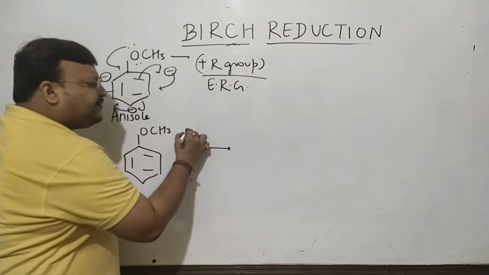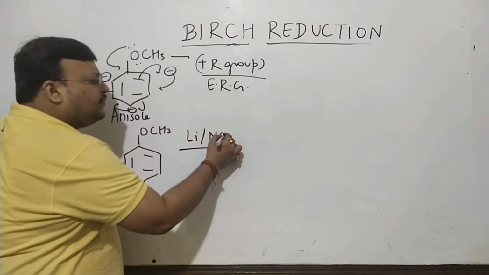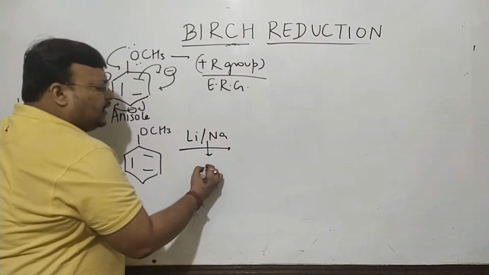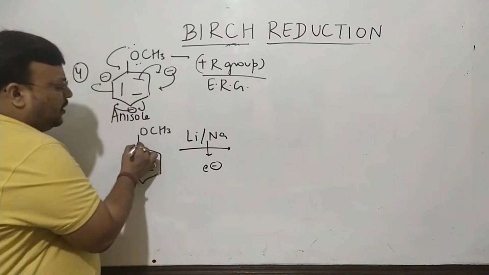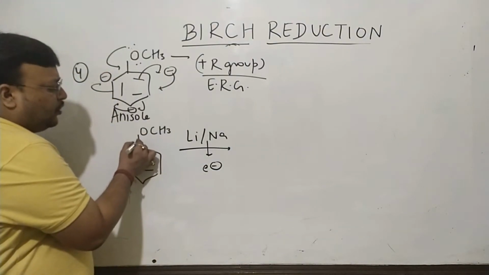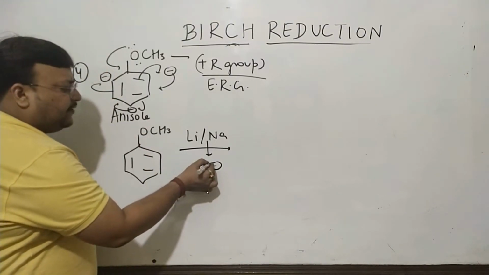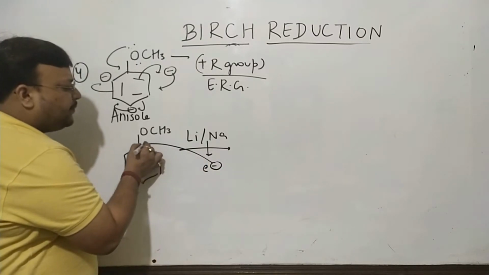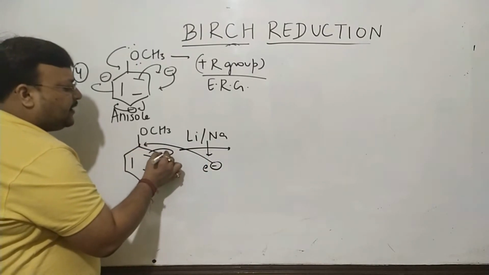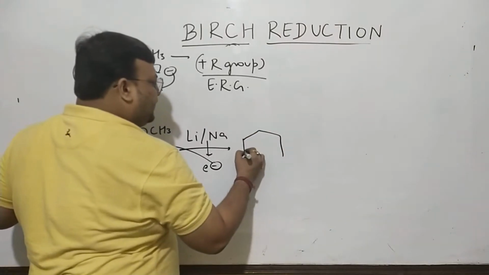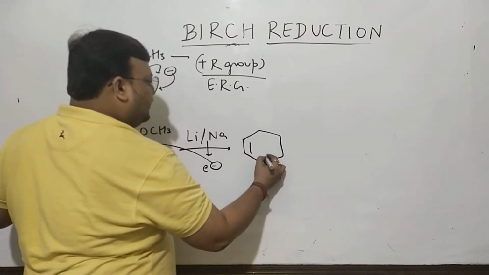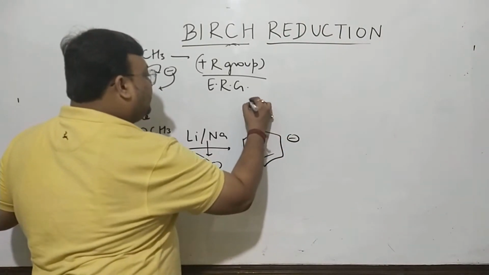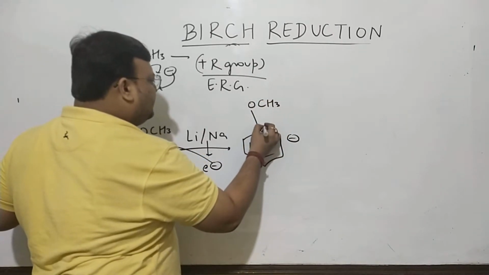Now suppose I start the same process, lithium or sodium losing its electron. Because there is a grouping here, there are two possibilities. The electron can go to this carbon and this can come here, giving the corresponding radical anion.